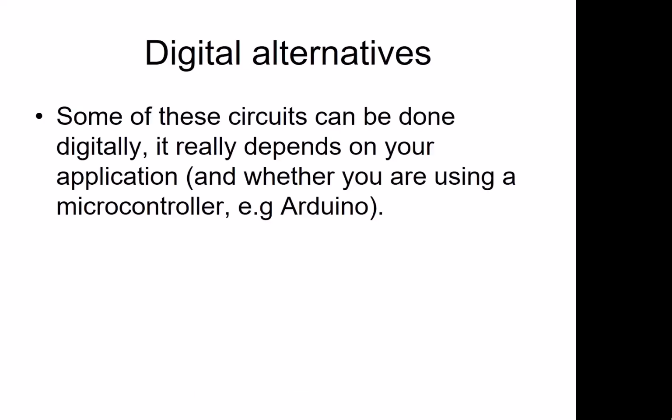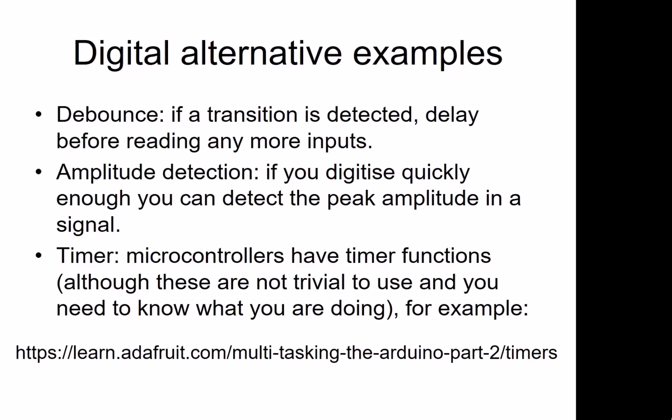I just want to finish this video by discussing digital alternatives. We have looked at circuits to do jobs, but we can actually do this in software. Here's some examples. We did a debounce circuit using a Schmitt trigger. When a switch is closed and there's mechanical bounce, we used a low pass filter and then a Schmitt trigger to just record the one bounce rather than the multiple bounces from that mechanical contact.